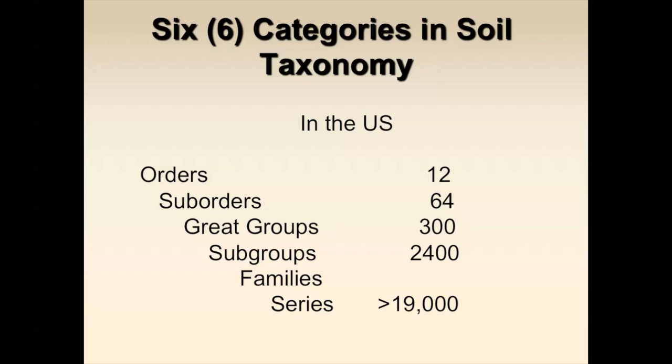So in the previous slide, you saw a Dalbo or a Norfolk. Those are soil series, typically named after the towns or places where they were first discovered. So 19,000 soil series in the United States is a huge amount, and each one of those soil series is a soil that looks similar.